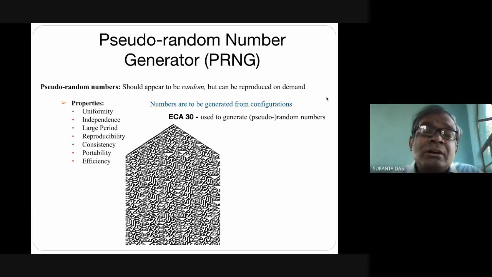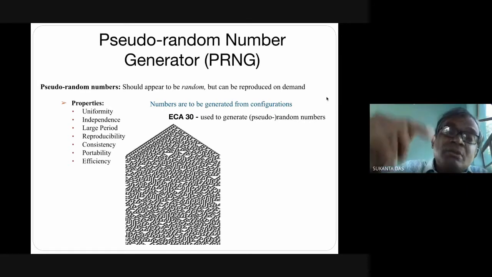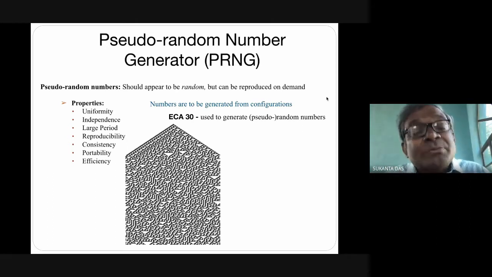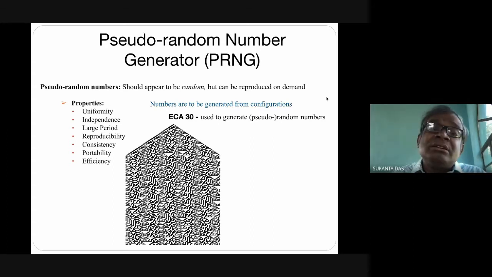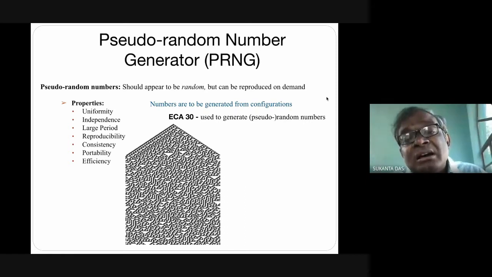Wolfram also showed that the bit sequence generated by the middle cell of this diagram does not repeat even after 1 billion steps. In fact, he posed a challenge whether the sequence generated by the middle bit of this pattern is aperiodic or periodic. We don't know; there is no proof, but it appears to us that the sequence is aperiodic.